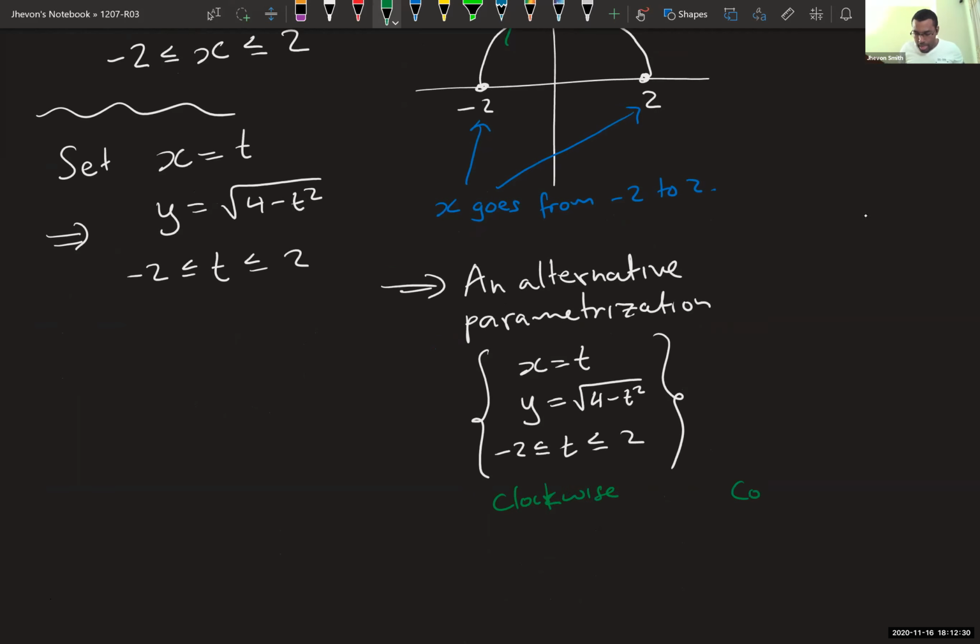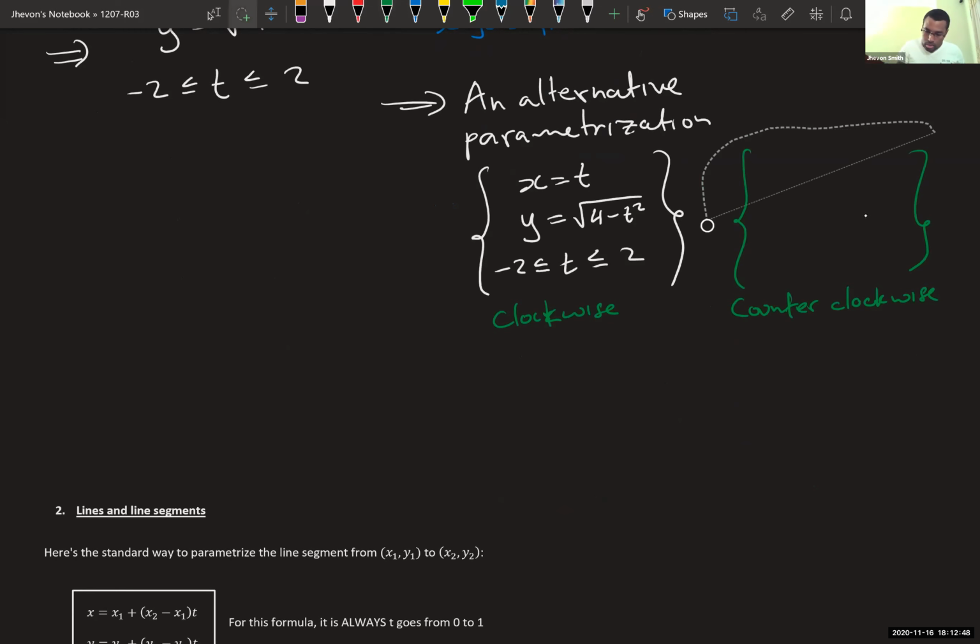If I wanted something like counterclockwise, and this is something you're going to explore more in multi-2, I could actually just change it.